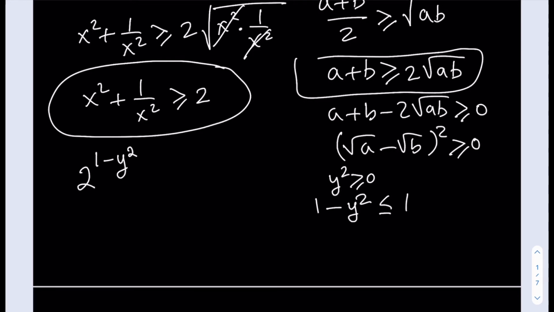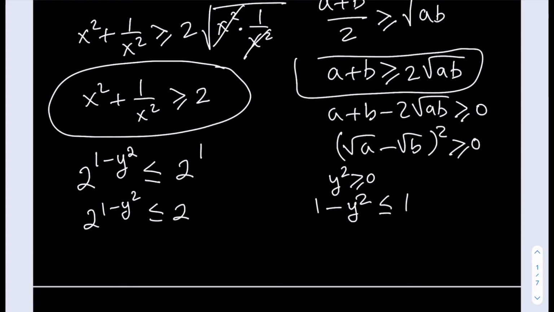Okay, so what does that have to do with our example? Well, it's 2 to the power this, so if you raise 2 to both sides, you're going to be getting 2 to the power 1 minus y squared is less than or equal to 2 to the power 1. And this means that 2 to the power 1 minus y squared is less than or equal to 2. And this makes sense because you're raising 2 to the power something, and that power is actually less than 1. So think about it.